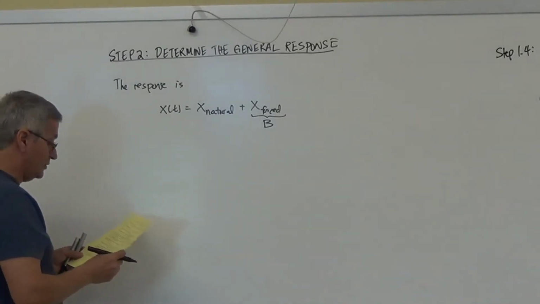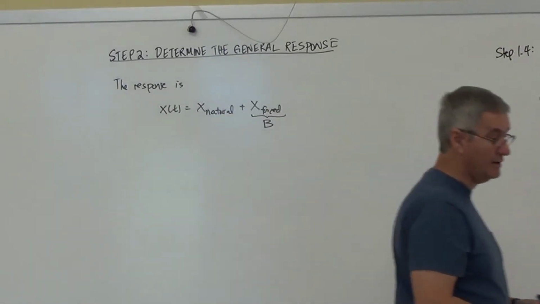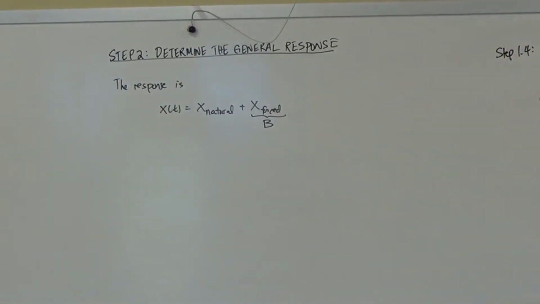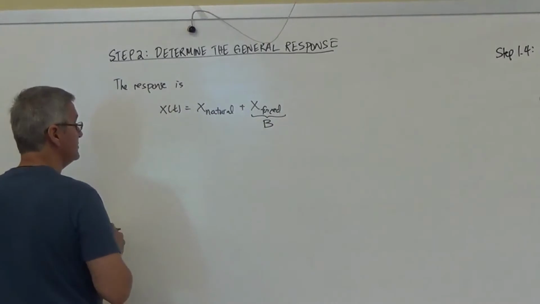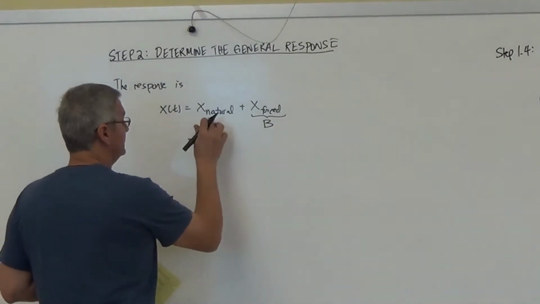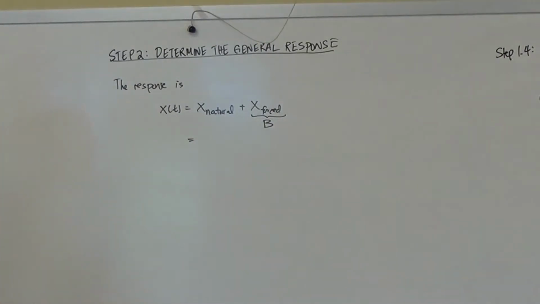So what we're going to do here is go in and write this out. And what you're going to find is that when you get this natural response, it now has 2 terms to it. Why?